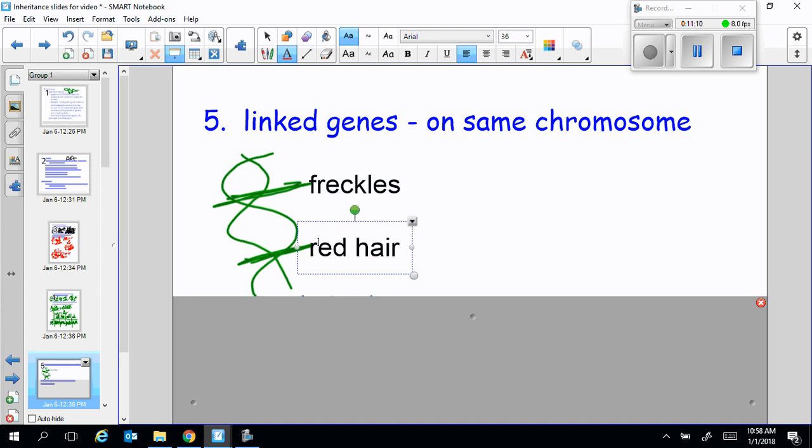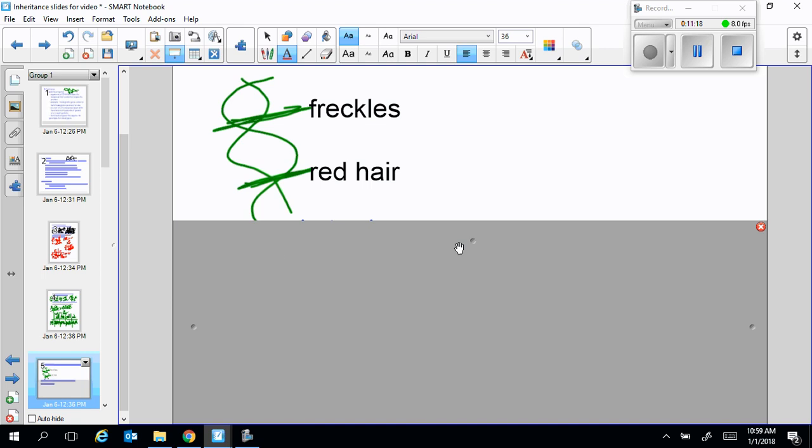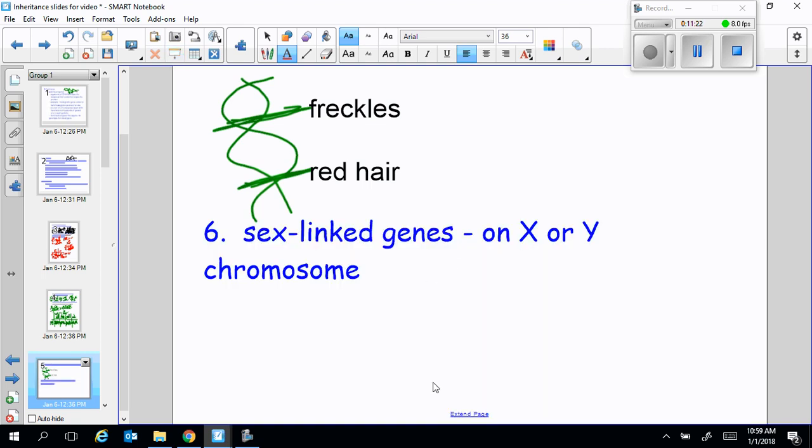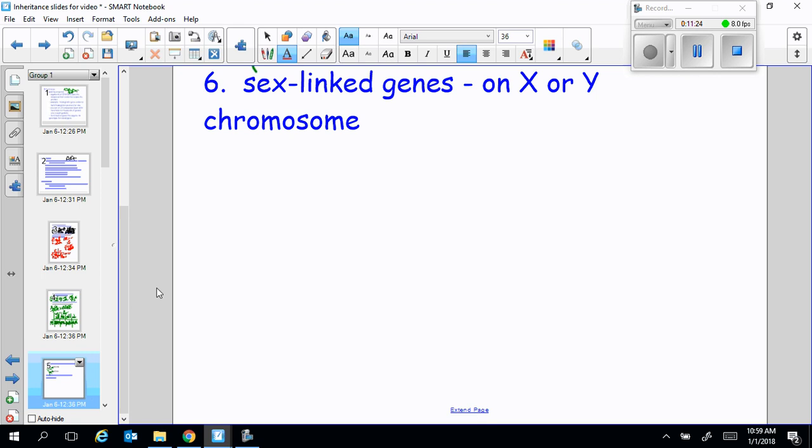So it's really common to see people with red hair have freckles because they're actually inherited on the same chromosome. And when we study fruit flies, we'll look at some other traits that are inherited on the same chromosome. All right, if something is sex-linked, that means that the gene that you're studying is on the X or on the Y chromosome.